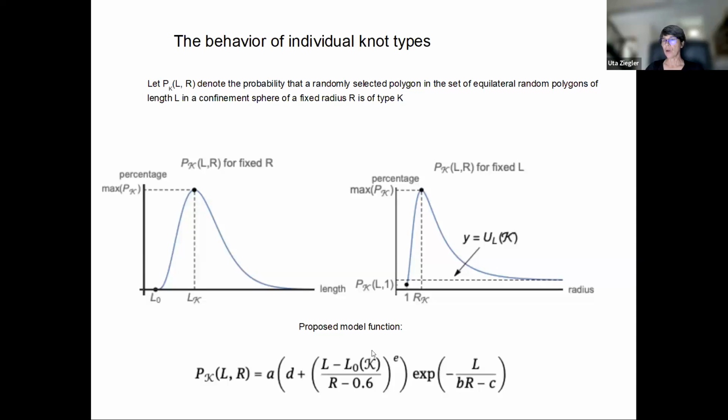Here's our proposed model function. The exponential term in L guarantees the drop here. And then down here, 0.5 is the smallest value we can have, but that doesn't allow the model to work, so we just put in 0.6. We don't have any good reason for doing some of this other stuff.